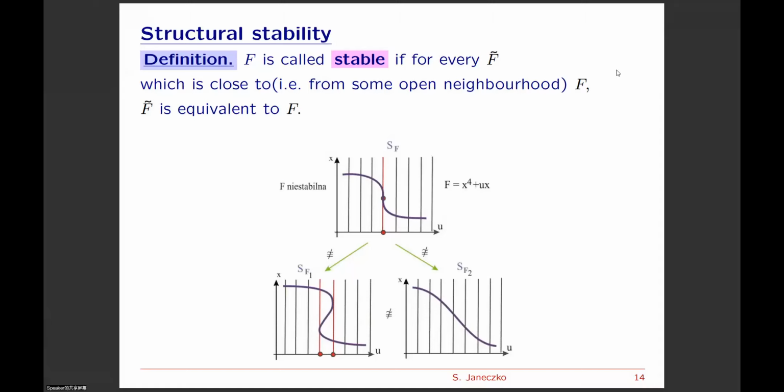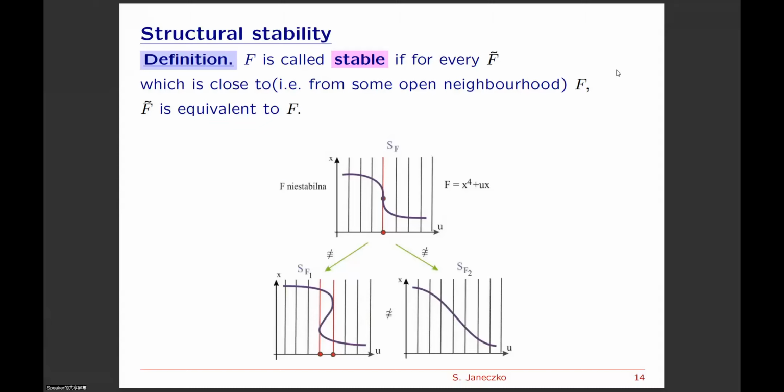F is called stable if for every F tilde which is close to F, F tilde is equivalent to F. F tilde close to F means that it belongs to some open neighborhood in this topology.